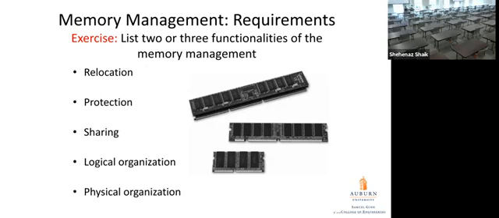So during the execution of a particular process, the processor must have access to the actual physical locations where the program is loaded, or the physical address space of the process. So for that reason, during execution, the physical address space is more relevant.